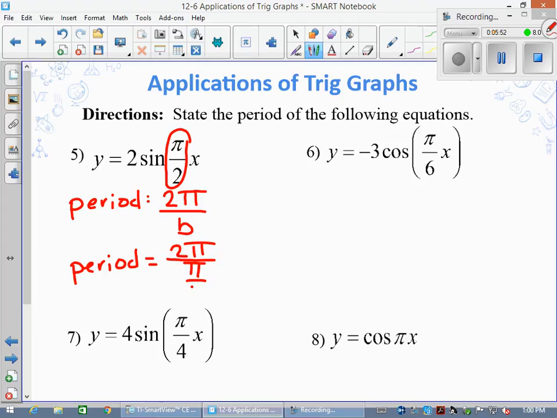Again, dividing is the same thing as multiplying by its reciprocal. So I can multiply this by 2 over pi, canceling this out, and multiply this by 2 over pi. To multiply these, I'm going to multiply right across. So 2 pi times 2 would give me 4 pi, but then again, I'm dividing by this pi, so my pi's cancel out. And I would end up with a value of 4.